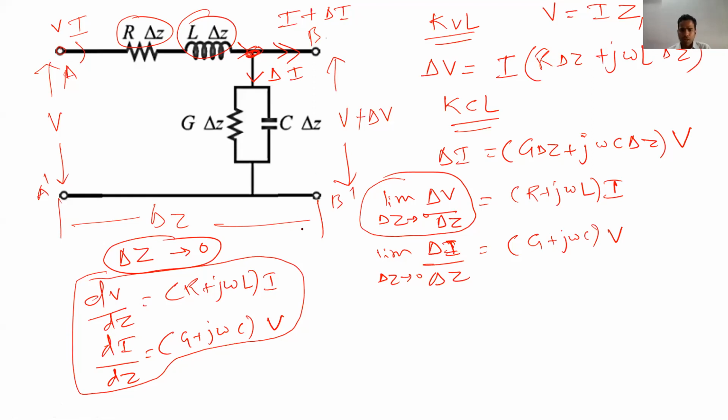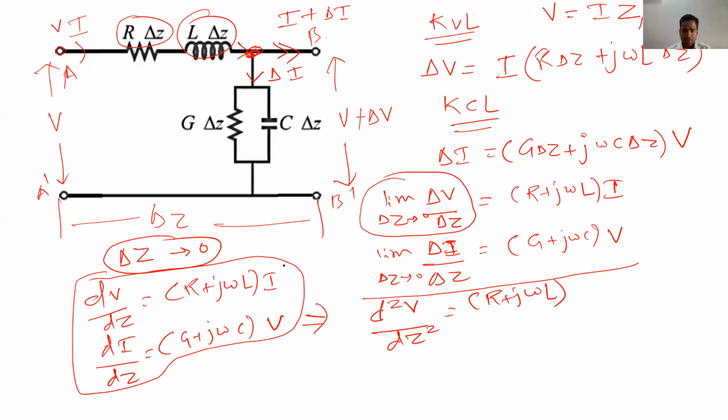So how do we get the solution to this differential equation? We again differentiate this. Can anyone tell me, if I differentiate this with respect to Z, what will I get? I will get d square V by dz square. What will that be? R plus j omega L is constant, right?